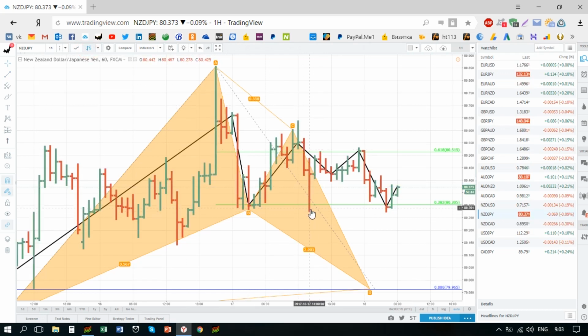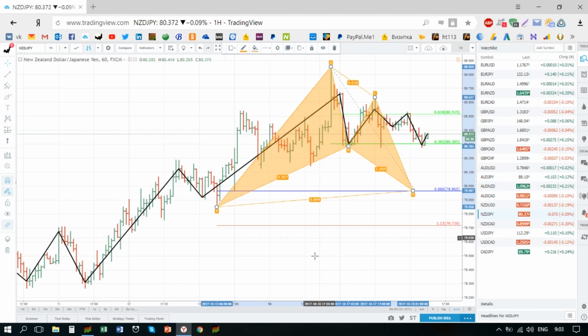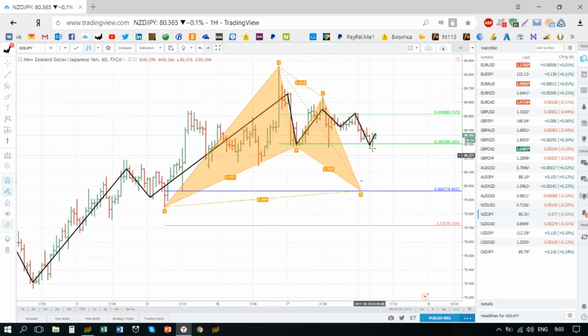Ah, no. Look at this spike that breaks the initial point. So we only have this bad formation still valid, and if it goes lower, it triggers the pattern. The A point is not violated, so the pattern is valid.